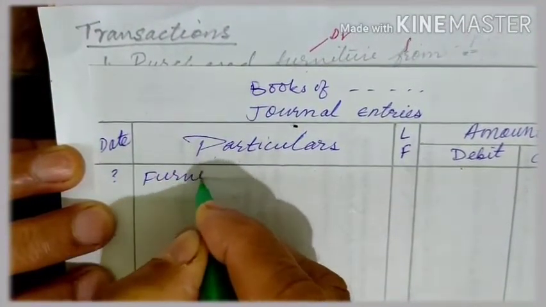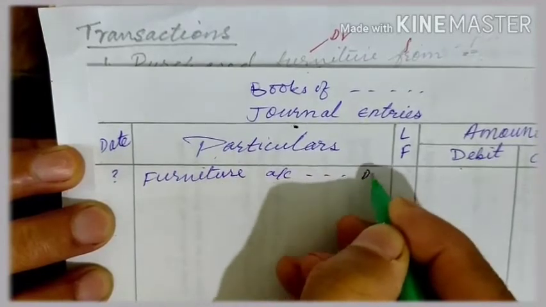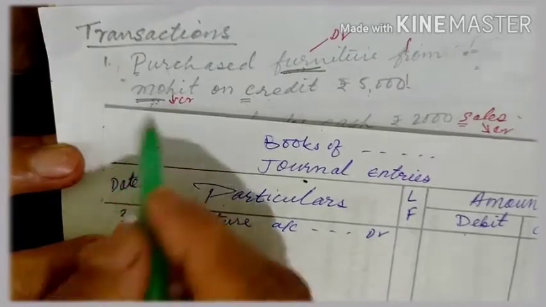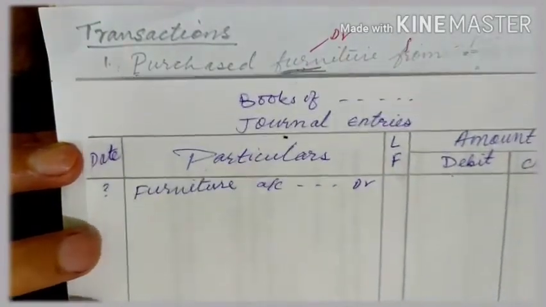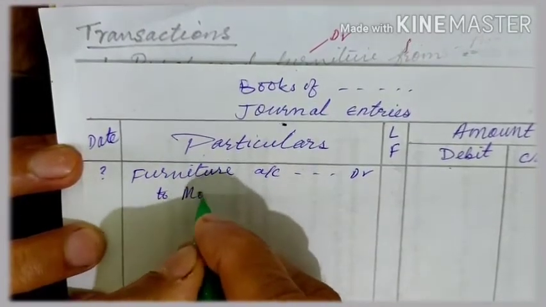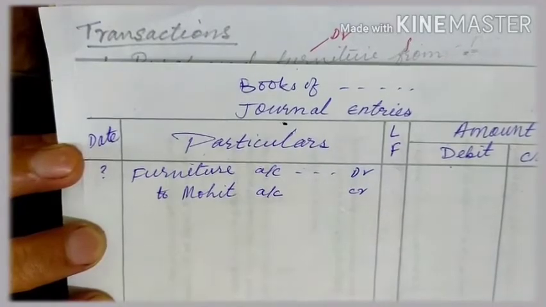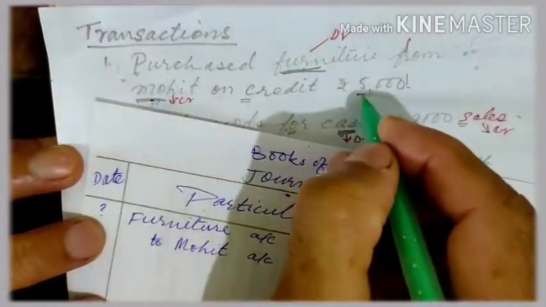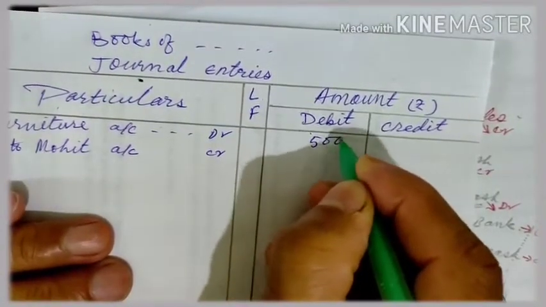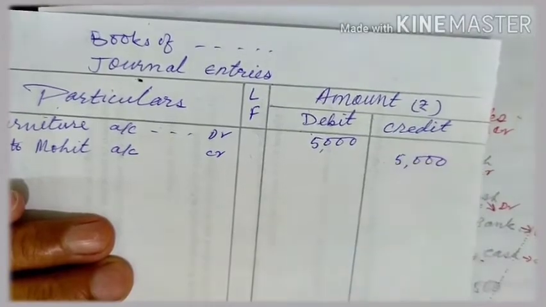You have furniture account debit. Then we'll write the credit aspect, and the credit aspect is Mohit here, and your credit aspect will always begin with the word to. So to Mohit account credit. And what is the value of this transaction? 5,000. So we'll have 5,000 on the debit and 5,000 for the credit.